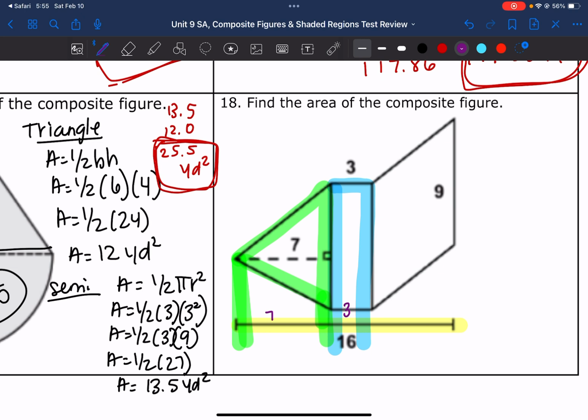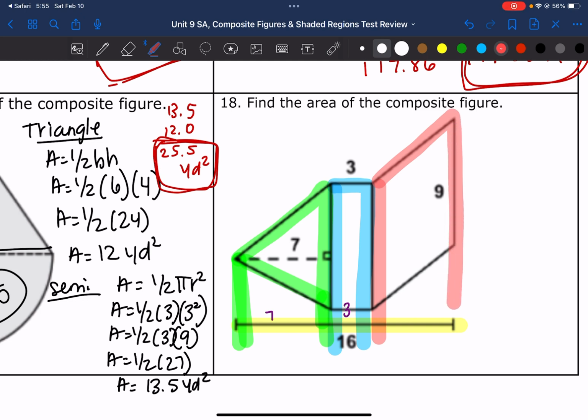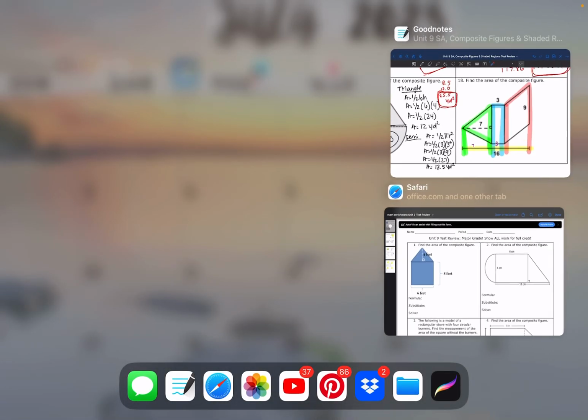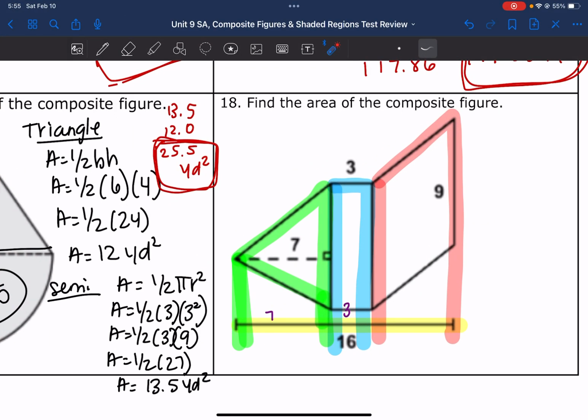All right, now we have the last one, and the last one is saying that from here to here, we don't know what that is. We have to figure it out, right? But I know that these two added together is going to be 10, and I know that the whole thing is 16.